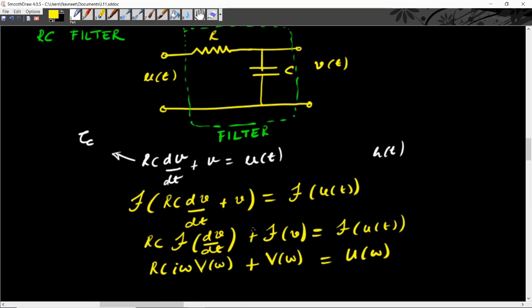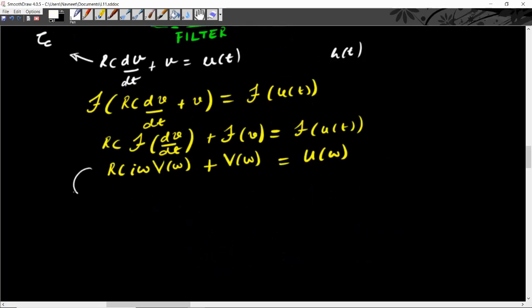So the Fourier transform of a derivative of a function is equal to iota omega times the Fourier transform of that function. This equation can be written as V of omega is equal to U of omega times 1 over 1 plus iota omega RC.